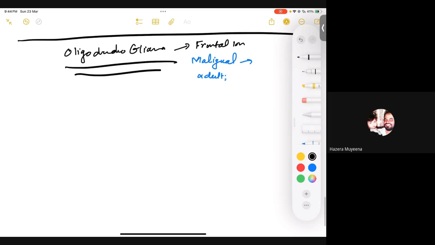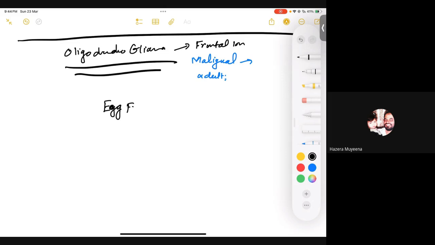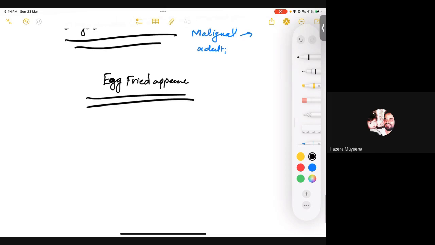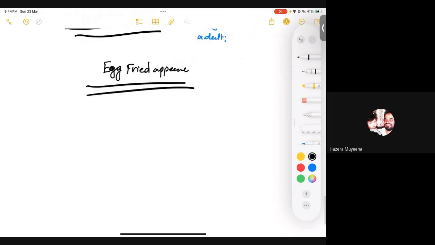And what would be the histopathological features? The histopathology is very important if you want to know these tumors. So we'll be having an egg fried appearance. So what is egg fried appearance? We are going to see calcification of these tumors.